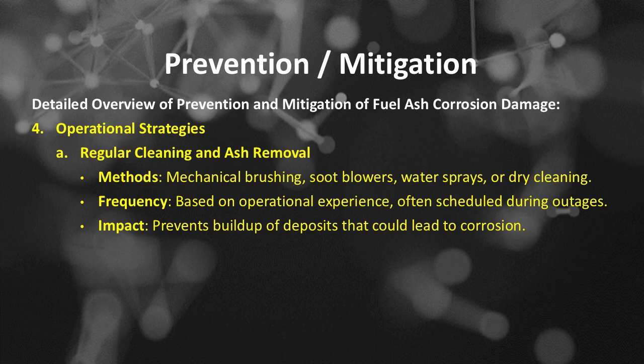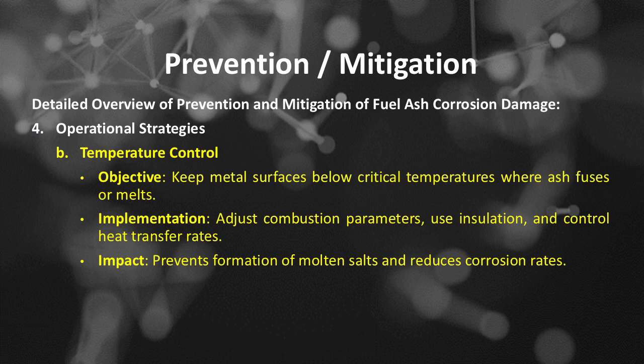Impact: prevents buildup of deposits that could lead to corrosion. Number B, temperature control. Objective: keep metal surfaces below critical temperatures where ash fuses or melts. Implementation: adjust combustion parameters, use insulation, and control heat transfer rates. Impact: prevents formation of molten salts and reduces corrosion rates.